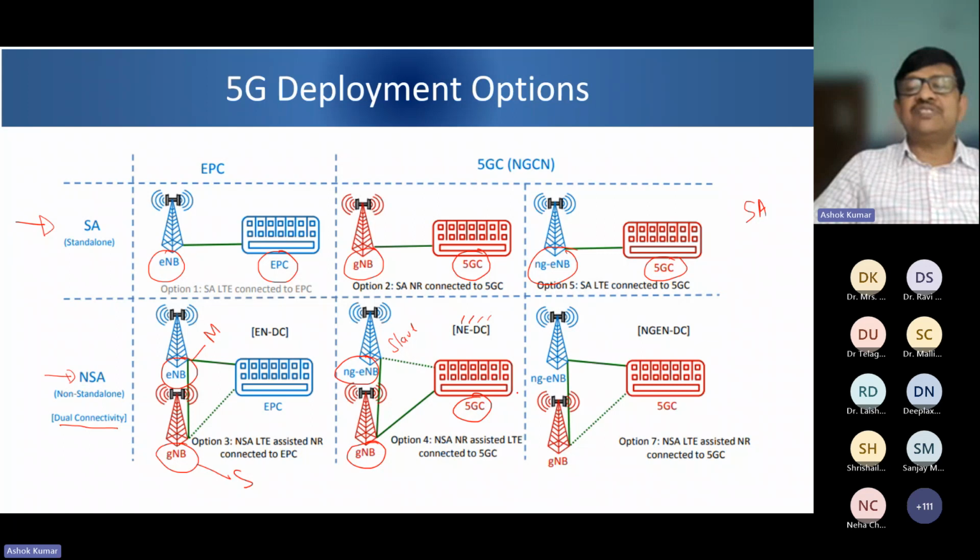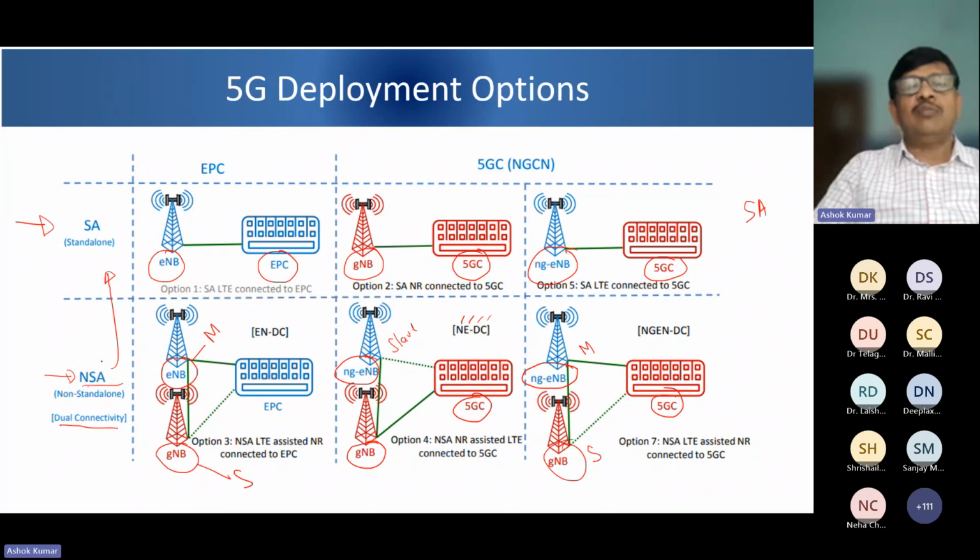And then we have option 7, where you have 5G core, and the master radio is the evolved version of LTE, that is NG-LTE. This is the master and this one is the slave. So these are various deployment options. But if you deploy any of the NSA modes, ultimately you have to evolve to the standalone mode.